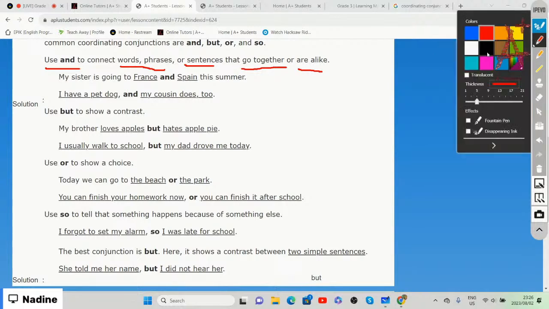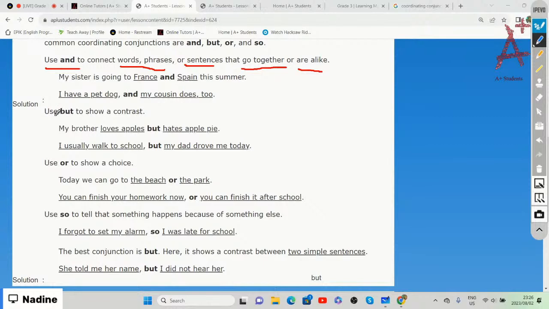Then we have but. We use but to show a contrast between either the words, the phrases, or the sentences, right?